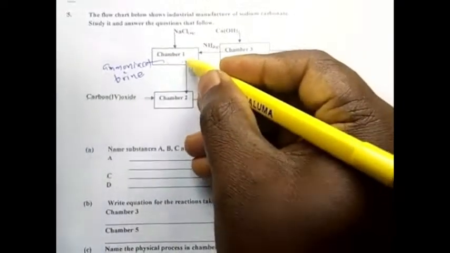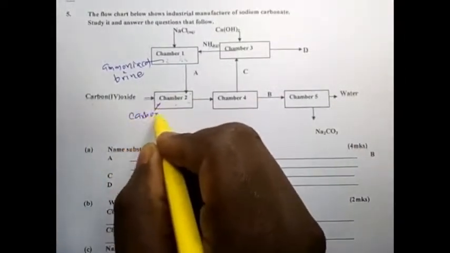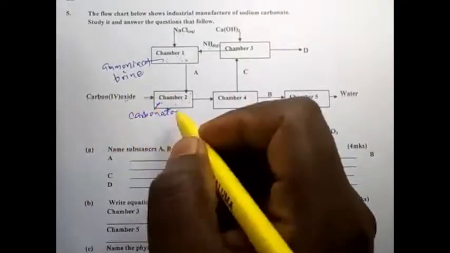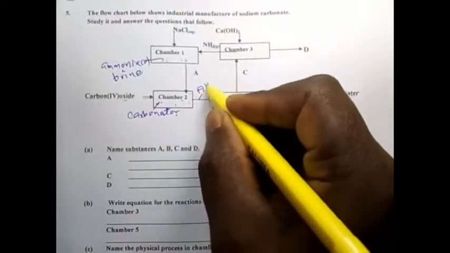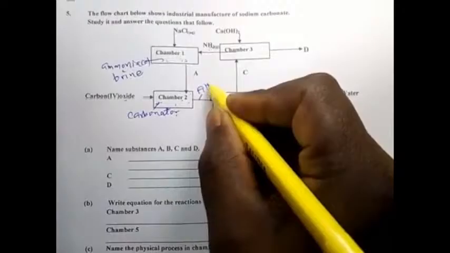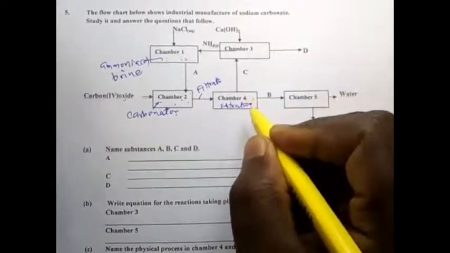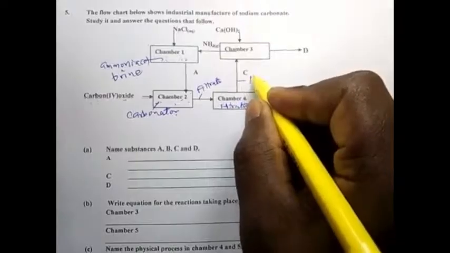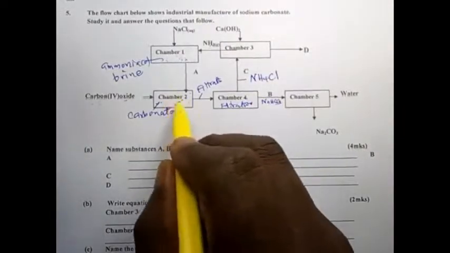Now this ammoniacal brine is getting in, this one is the carbonator, where carbon dioxide is getting in. After that, a process occurs here, which is filtration. You should know that in chamber 4. So chamber 4 is filtration. After filtration, this C is ammonium chloride, because when we filter, we know the two things that are formed here.